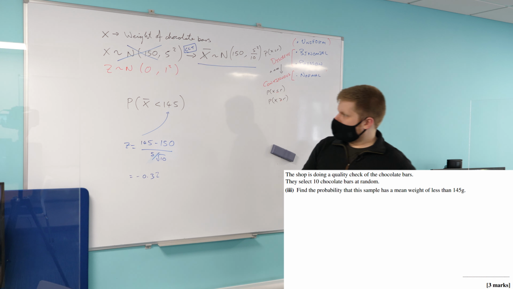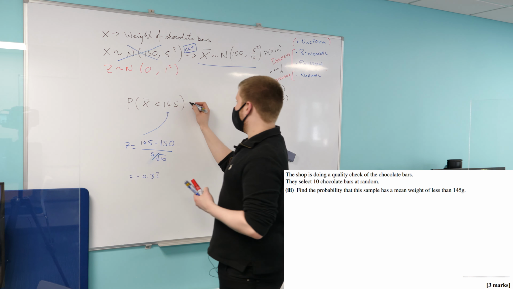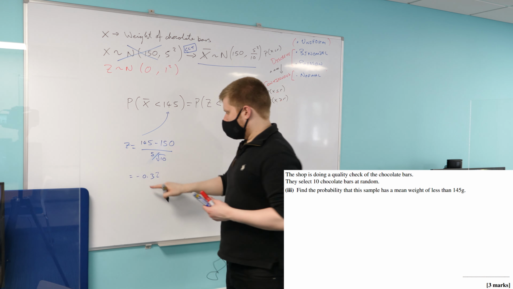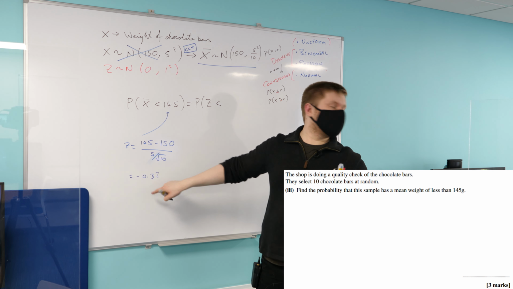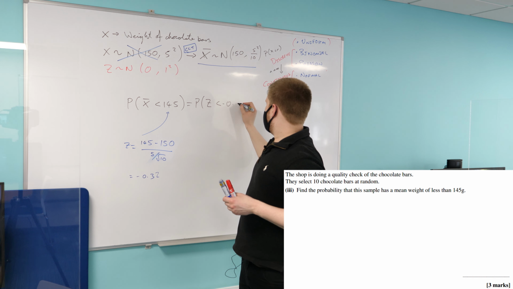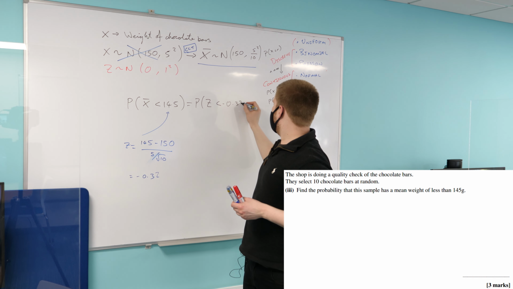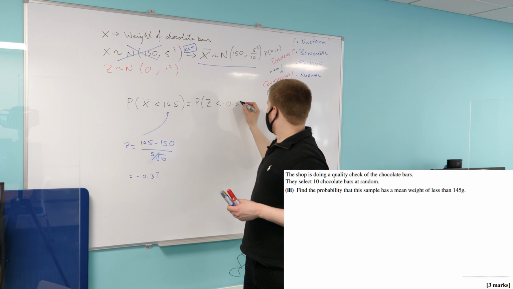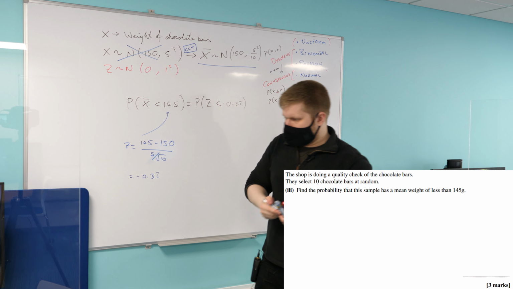So when I jump over to my tables, I'm going to be looking for the probability that z is less than negative 0.32, like so.